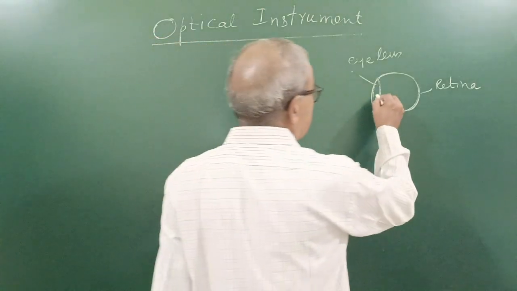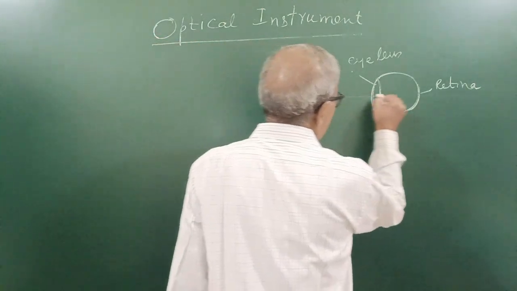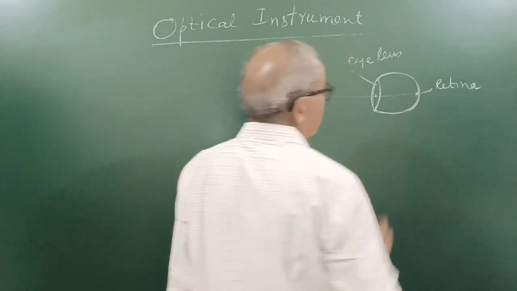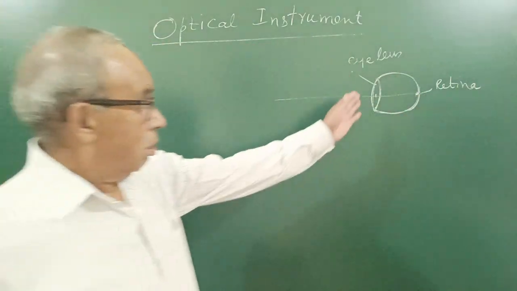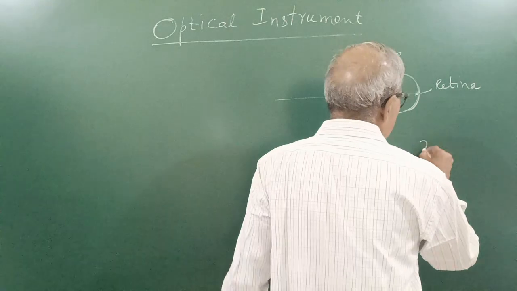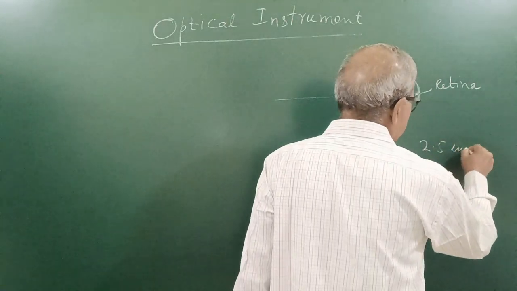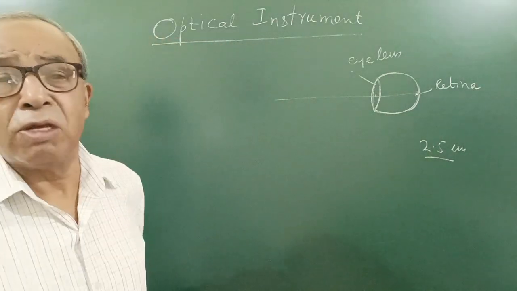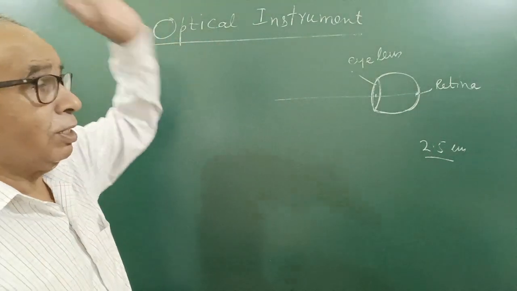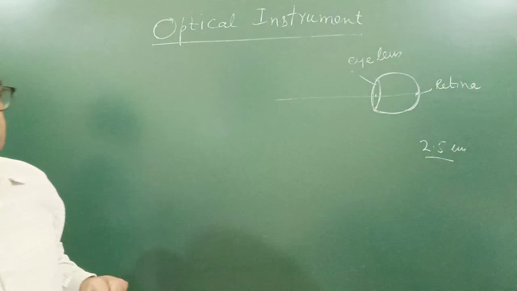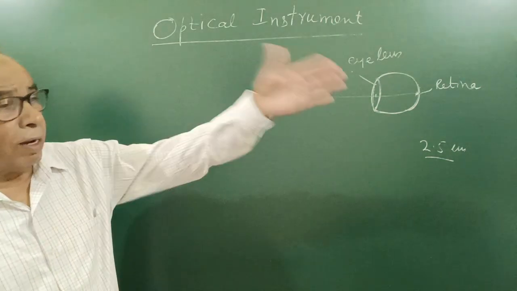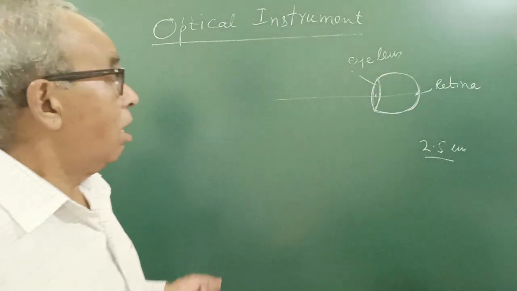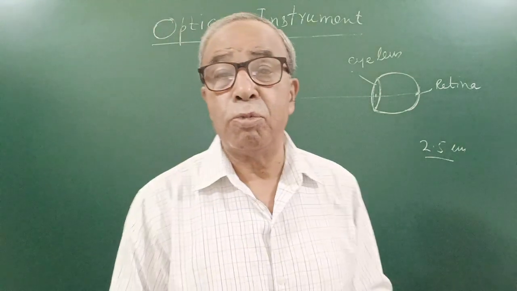But here the image distance is always fixed. That is the radius of the eyeball, and that is nearly 2.5 centimeters. But we see many objects together, closer and farther, and in normal condition our eye can see up to infinity.